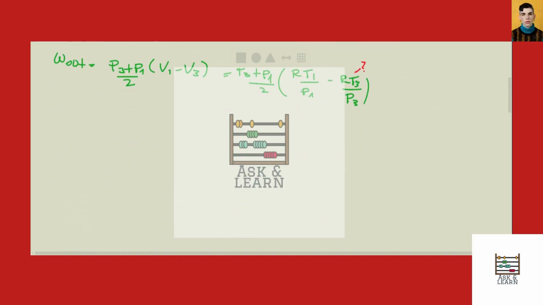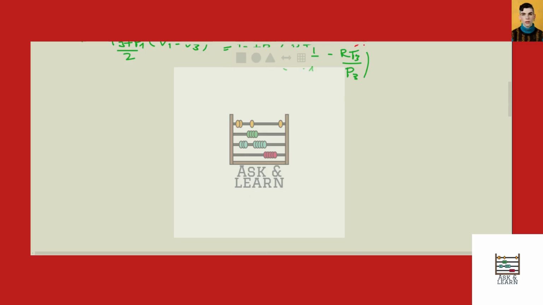Okay? First of all, from point 1 to point 2, we have an isentropic transformation. Therefore, the temperature 2 is just T1 (P2/P1) to the power (K-1)/K, where K is the specific heat constant.